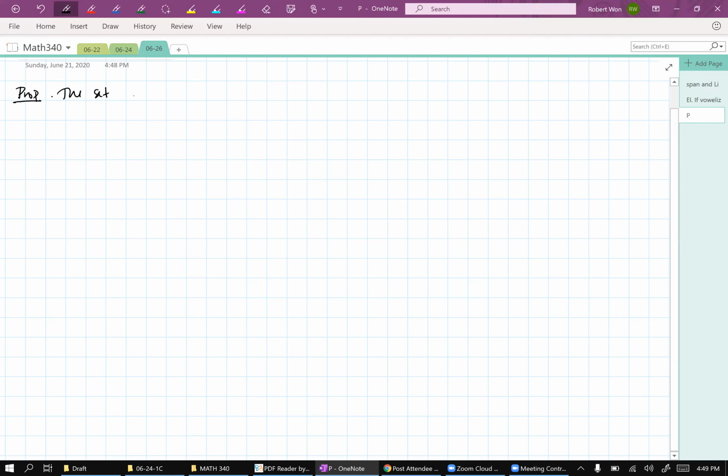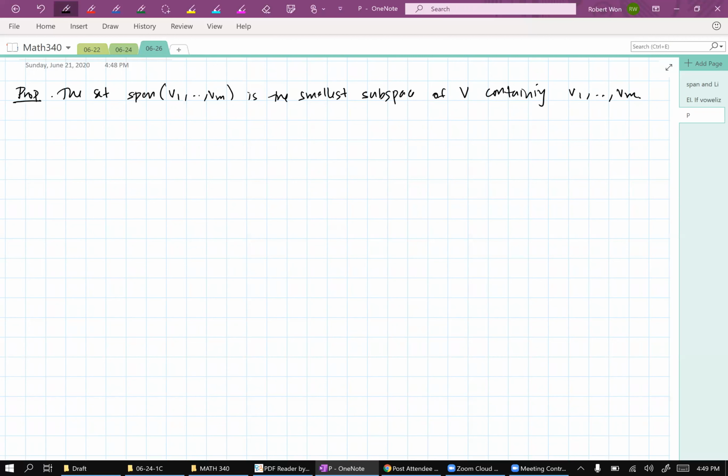So the set span(v1 up through vm) is the smallest subspace of V containing v1 up through vm. Again, this proposition is stating two things.